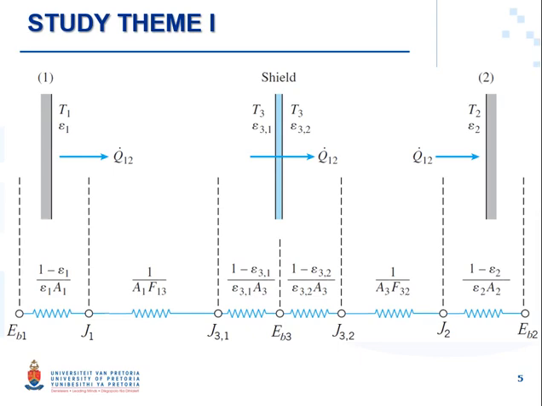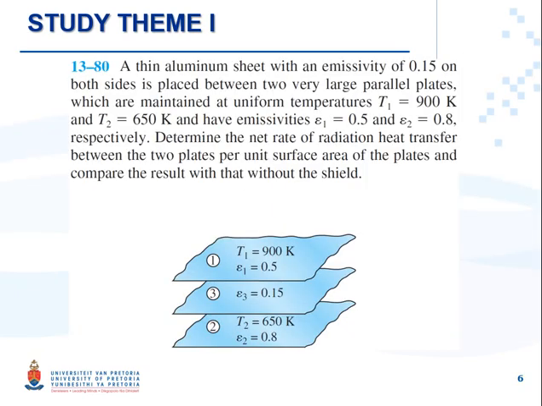But let's solve one example and see how we can use these equations and complicated networks in one example and see how it works. We can see here a thin aluminum radiation sheet with an emissivity of 0.5 on both sides.